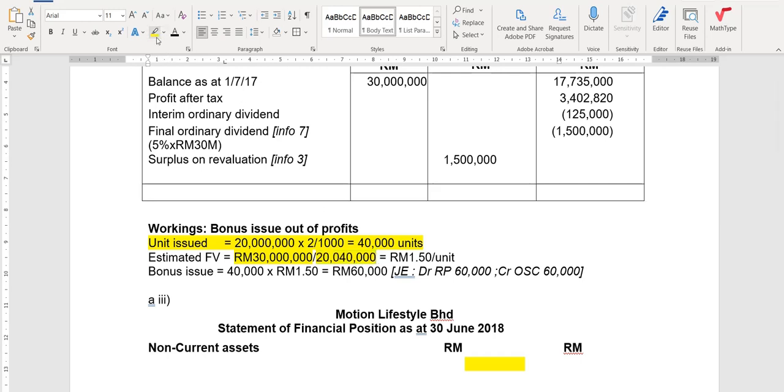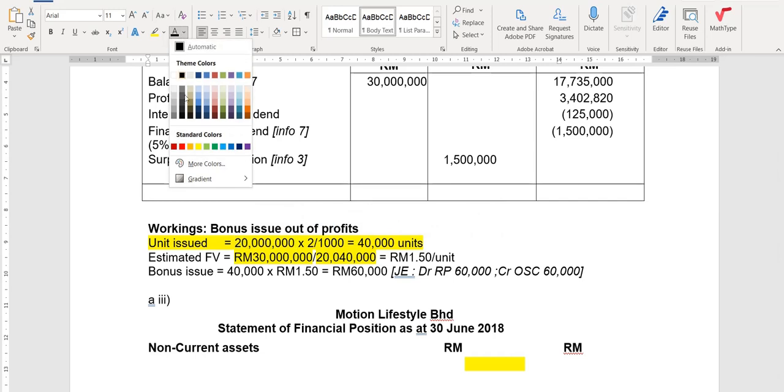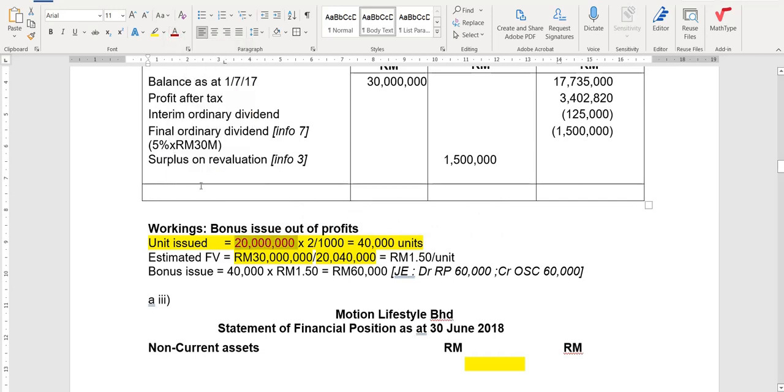Number of shares after the bonus issue would be 20 million, the one in red here, plus 40,000 units. So before and after it would become 20.04 million. So that will give you 1 ringgit and 50 cent per unit.